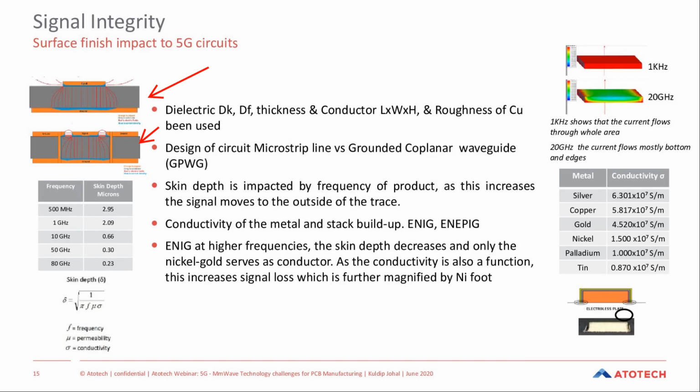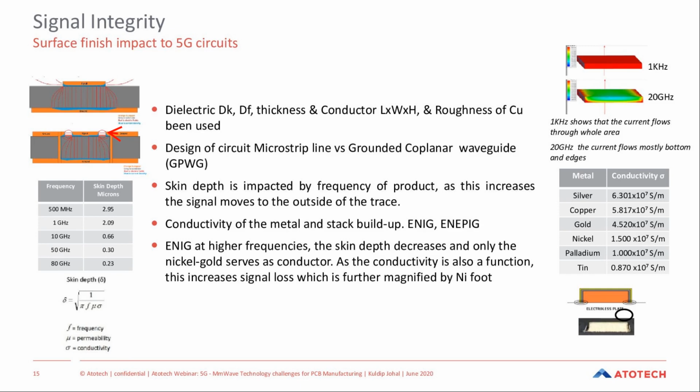An added issue that you can see is if you move to a ground planar waveguide, there's potential risk of signal interference between adjacent traces as well. So that plays into this whole aspect.